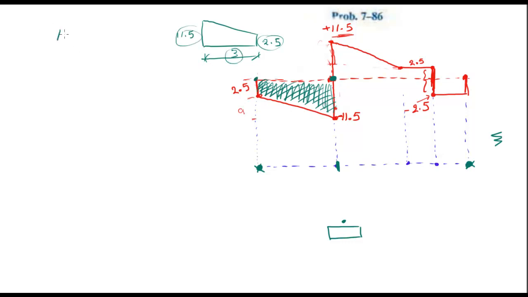So it's 11.5 plus 2.5 over 2, that's taking the average, and then multiplied by 3, that should give me 21, and that is correct. So here we have a negative 21. I'm just putting the values for now.